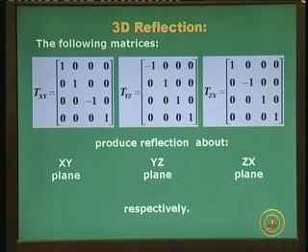So, depending upon which plane you want to reflect about, if you want to reflect about xy plane, you want to negate the values of z. So, that is why in the third row, third column intersection the value of 1 is changed to -1, or you put a -1 there. If you want to reflect about the yz plane, basically the values or x coordinates of the points of the objects become negative.